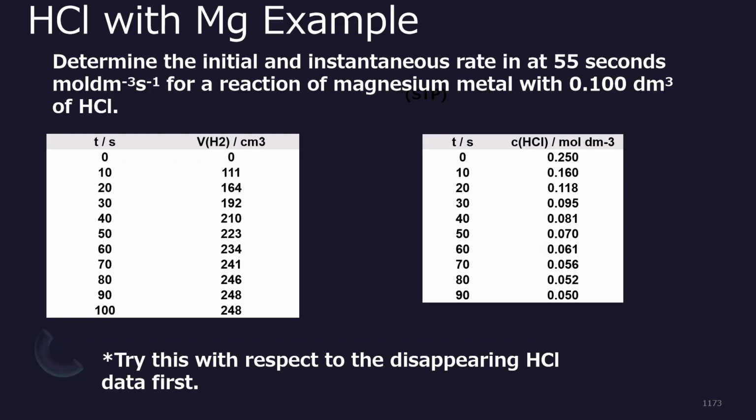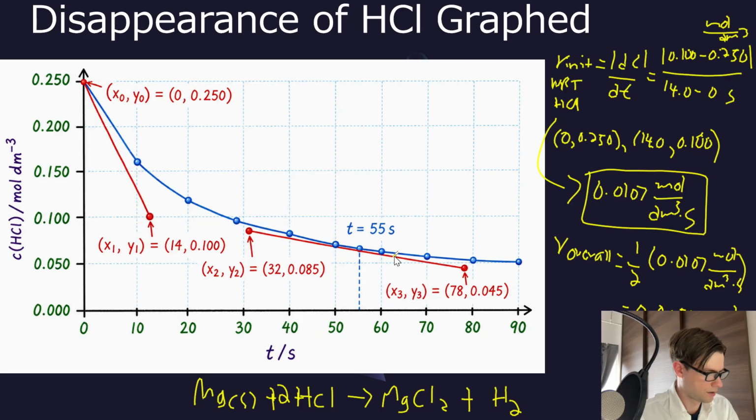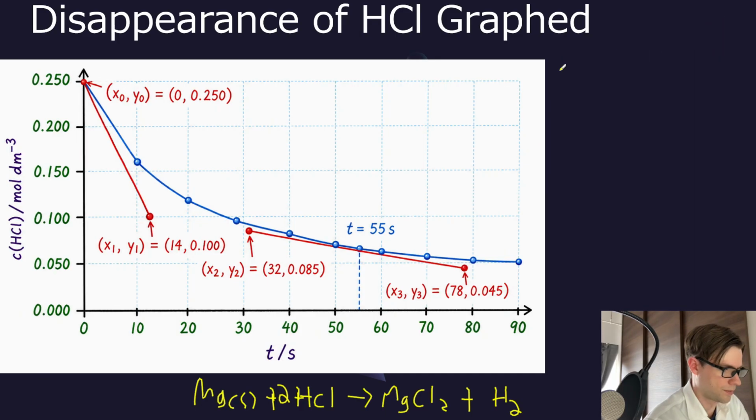This also said to find the instantaneous rate at 55. So I'm just going to clean this up a little bit. Okay, so for our rate at 55, with respect to HCl, this is going to come from our tangent line. It's already drawn here, T55.